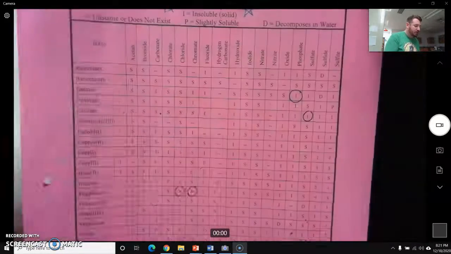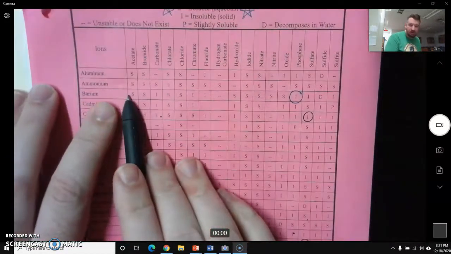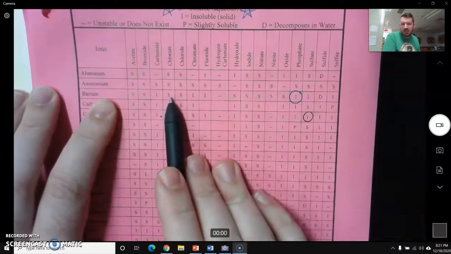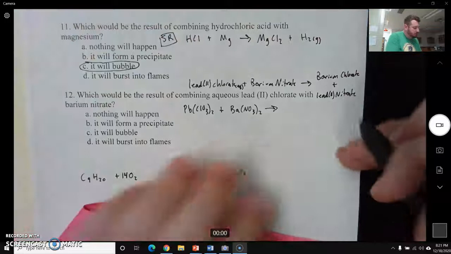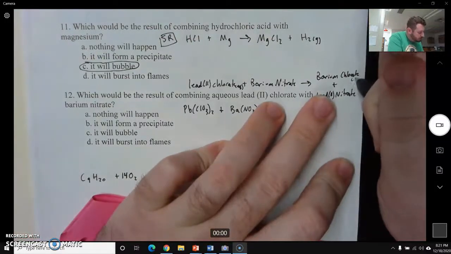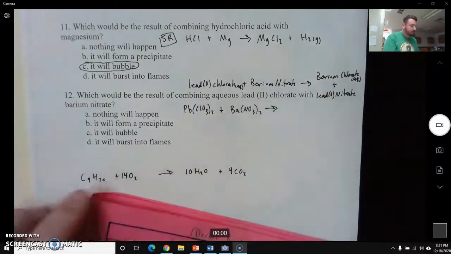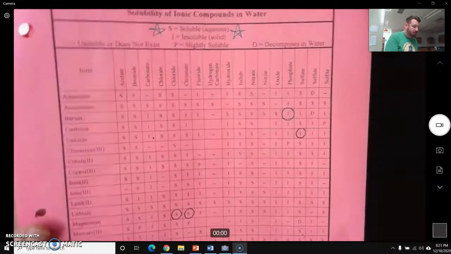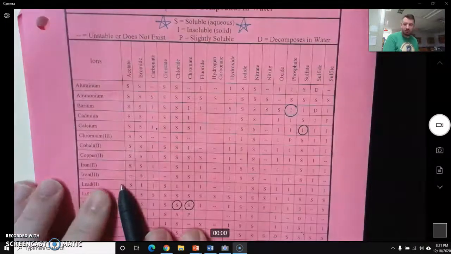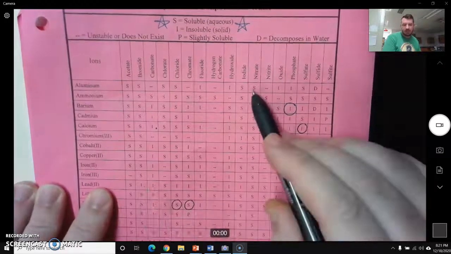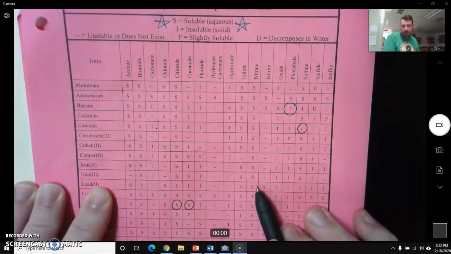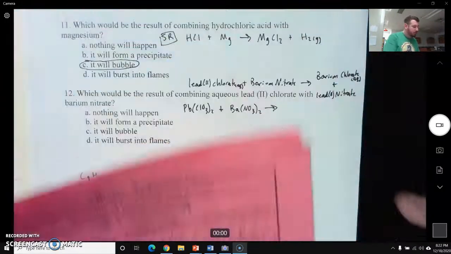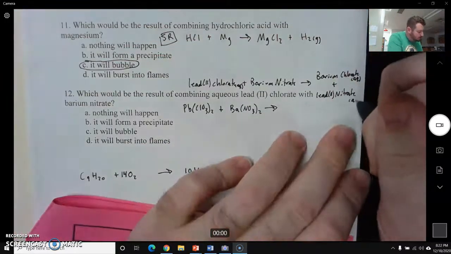We look up barium and chlorate, and this tells me barium chlorate is aqueous. For lead nitrate, we find lead 2 and nitrate, find where they intersect, and that is also soluble. It is also aqueous.